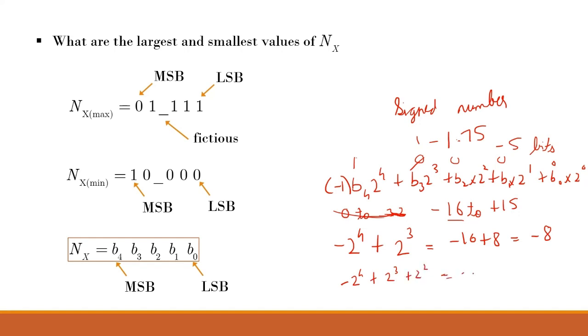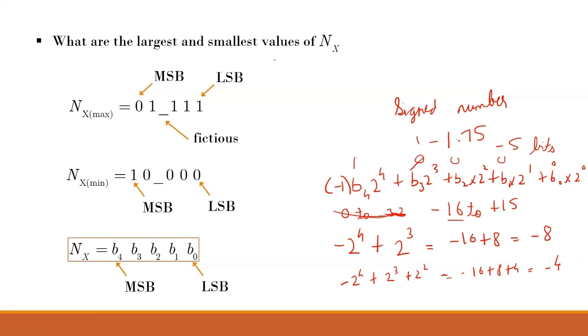That will be minus 16 plus 8 plus 4, equal to minus 4. I have not yet gone to the decimal representation part. I'm just talking about the integer part. Is this point clear of the integer part? Yes, sir, it is clear.